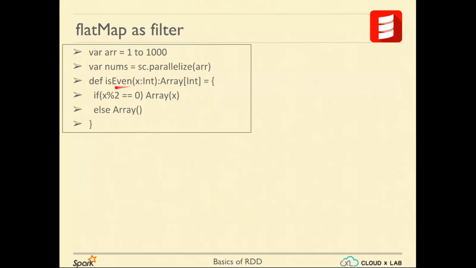Instead of returning true or false, it's returning an array of integers: the array containing that value if the value is even, otherwise empty.